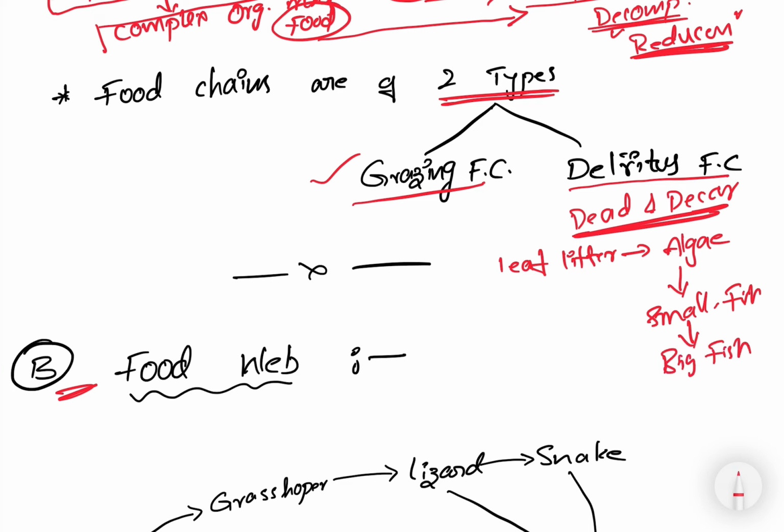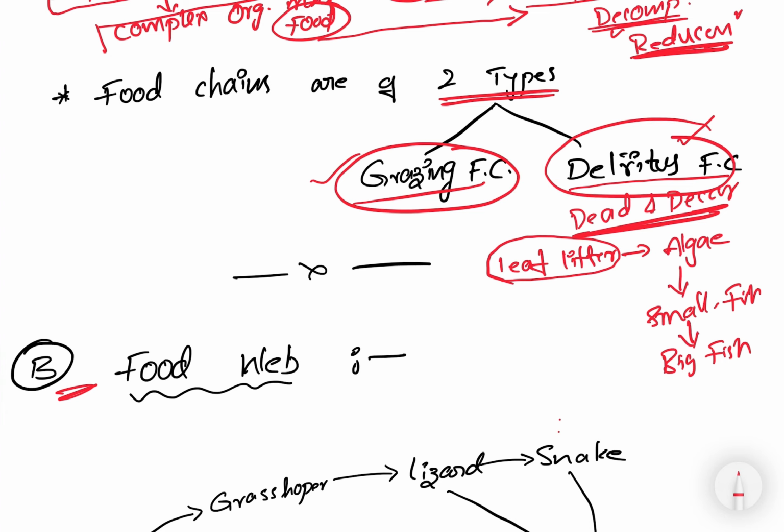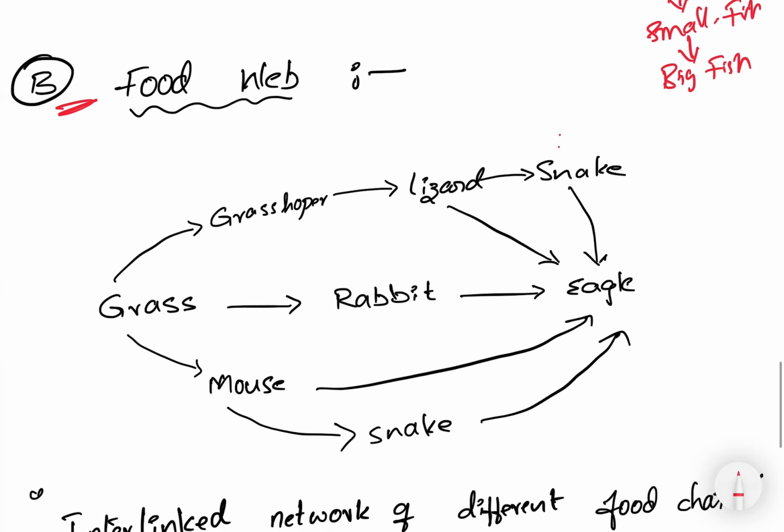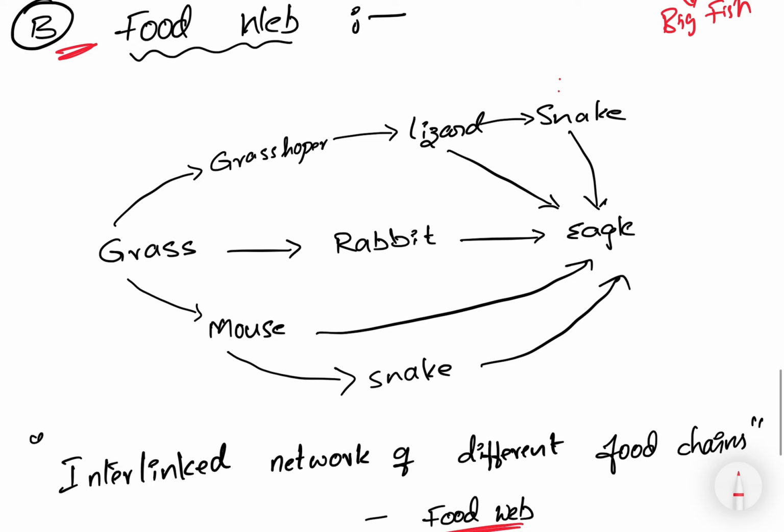So if you observe, this food chain starts with dead and decaying matter. Any food chain that starts this way is considered a detritus food chain. Two types of food chains: grazing food chain and detritus food chain. That's about food chains, and now let us talk about food webs.